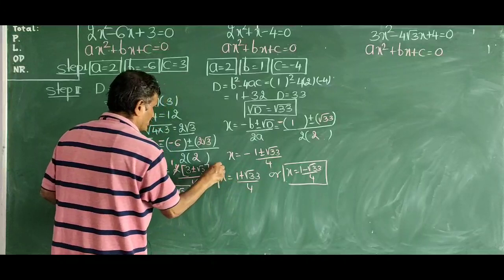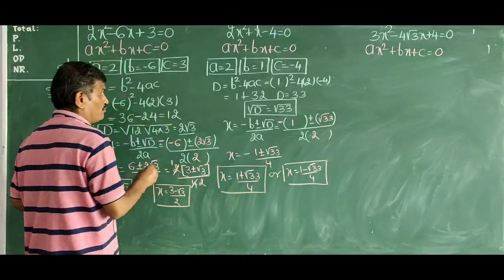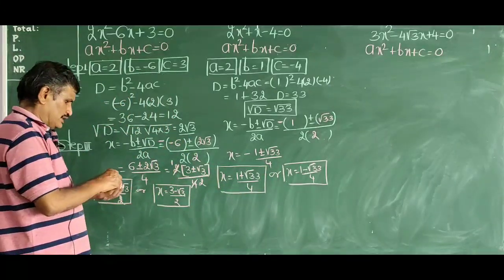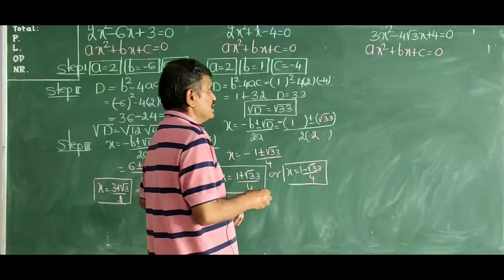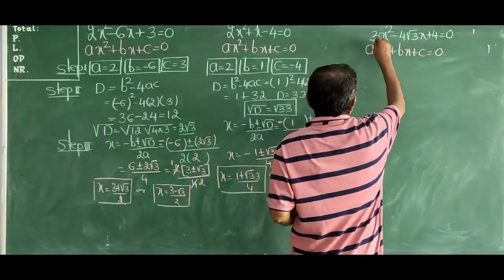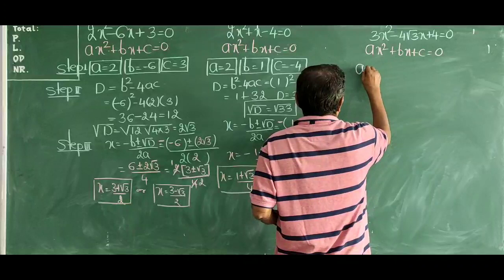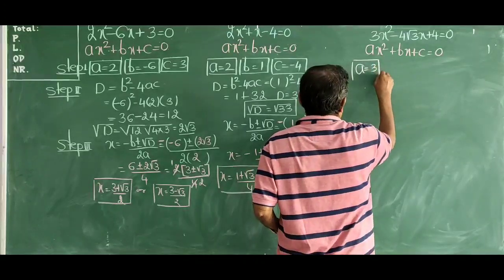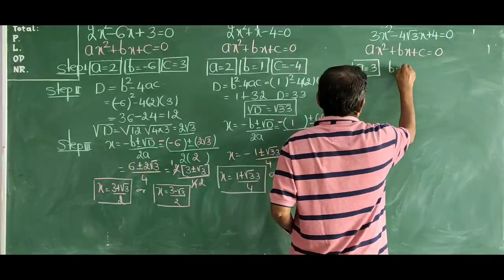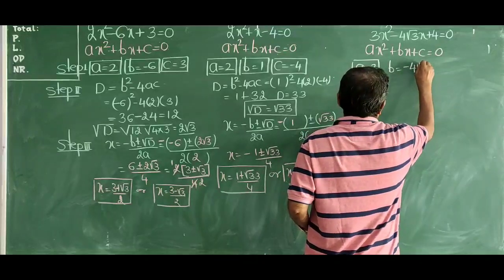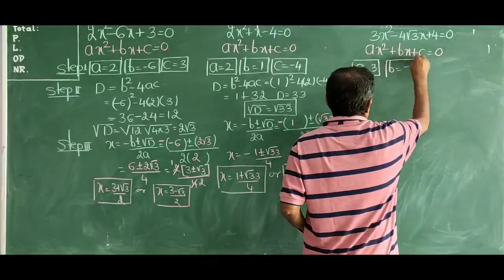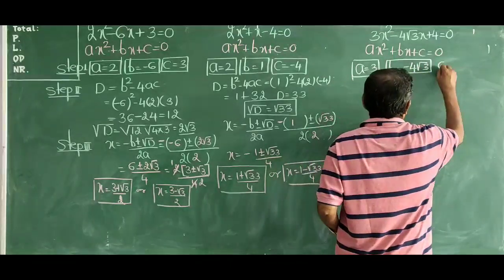So this is how you can solve any problem. Now directly, if at all I want to solve it, here also the same method I have to apply. A is equal to 3, b is equal to minus 4 root 3, c is equal to 4.